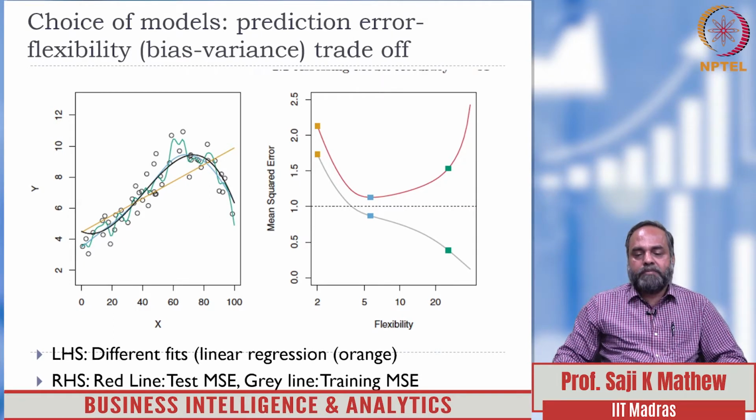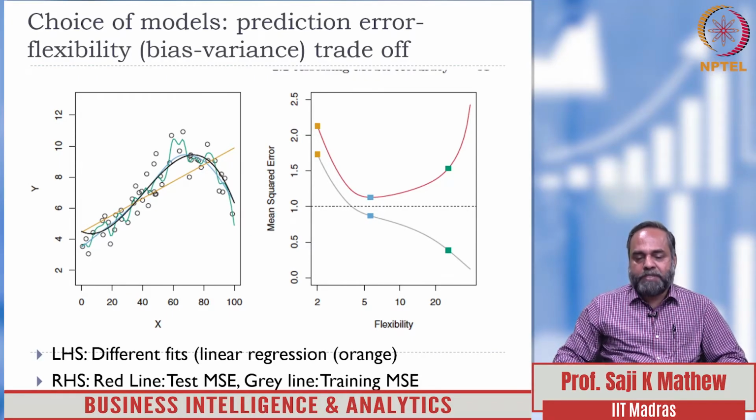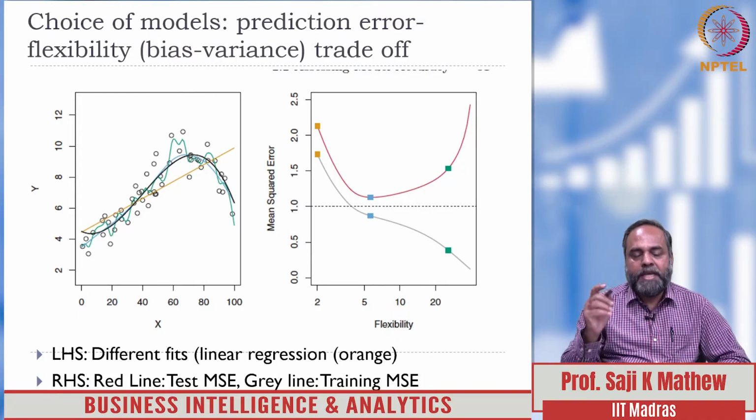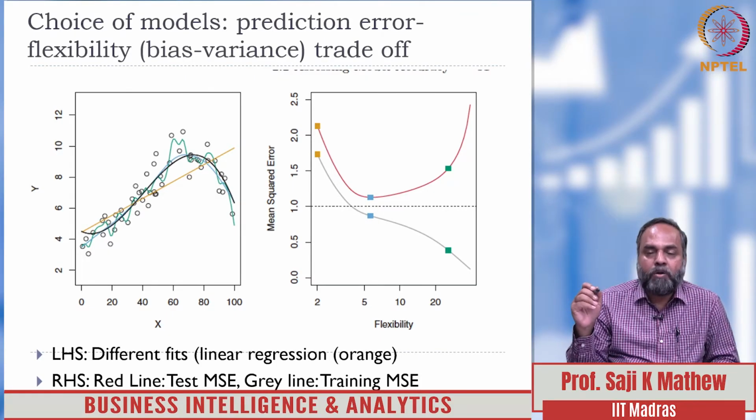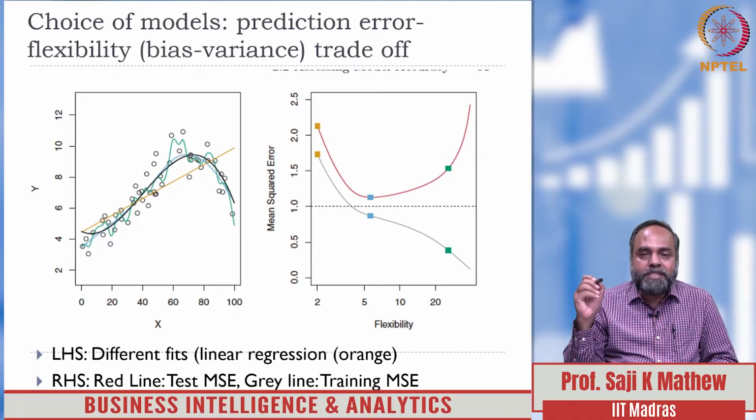Now in this slide I am presenting a different scenario, and it may take a while for you to appreciate what these two different graphs represent, so let me make an effort to explain this to you. These concepts are very important while making decisions about model selection.